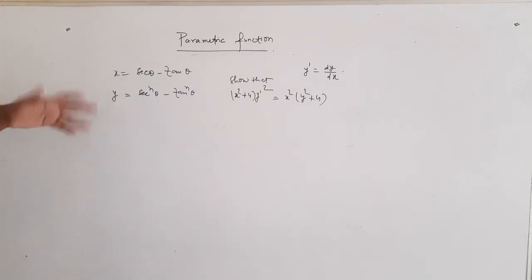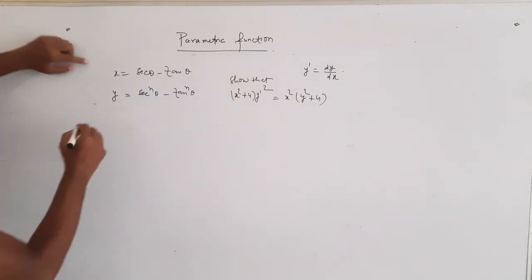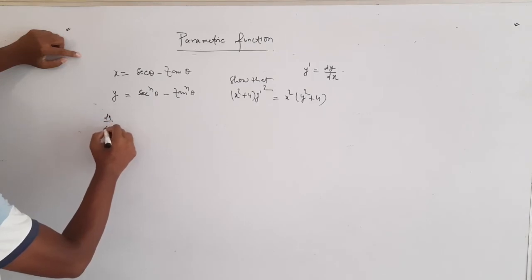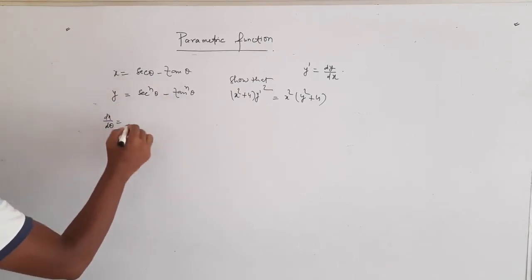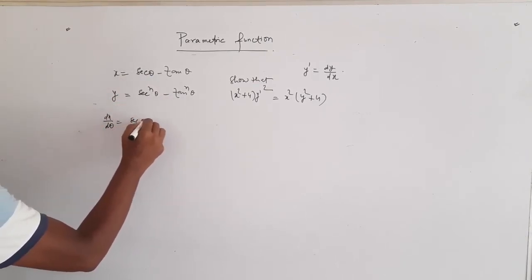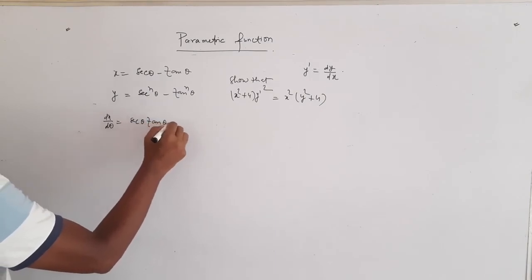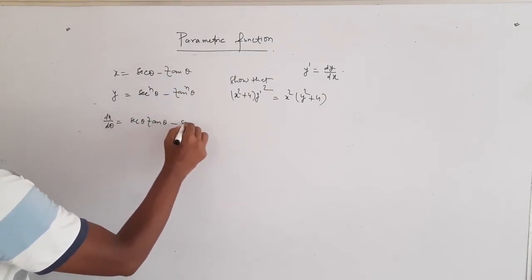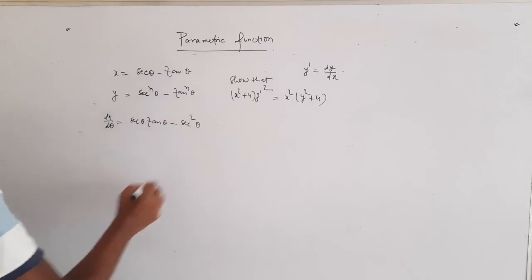So now here again I start without wasting my time. I write dx by d theta. Differentiation of sec theta is sec theta tan theta minus differentiation of tan, which is sec square theta.